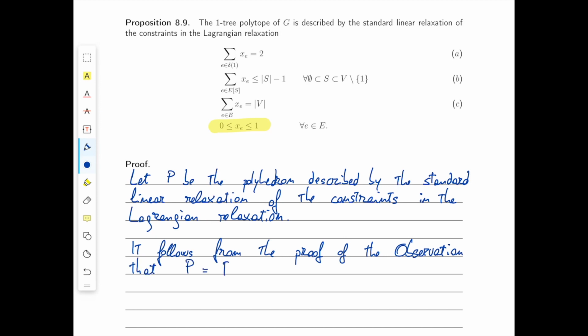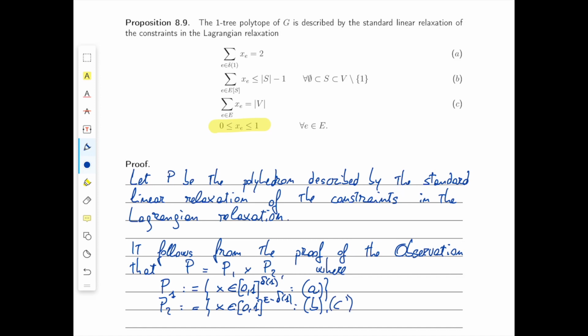P can be written as the product of polyhedra P1 times P2, where P1 is the set of vectors with components corresponding to edges in delta of 1 and in the interval [0, 1] that satisfy only constraint A, and P2 is the set of x in, again, [0, 1] in the space of E minus delta of 1 such that B and C prime.